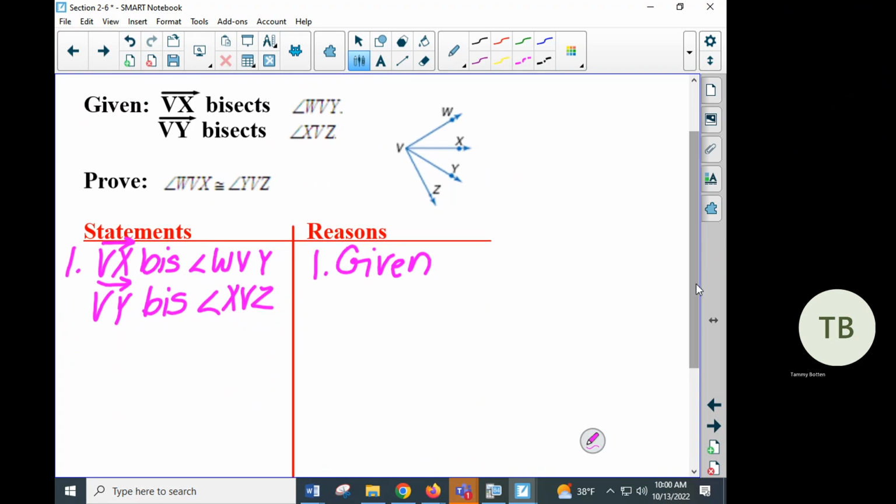Okay. Now I'm gonna think about what is an angle bisector. And an angle bisector bisects something in half. Okay. So they tell me here that our ray BX bisects angle WBY. So that means this and this are congruent. Okay, those two.